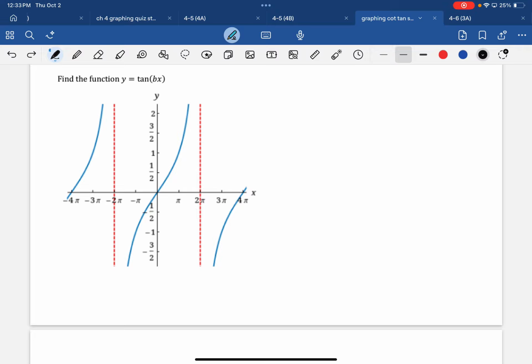The period is 4 pi because that's the distance between each vertical asymptote. It's also the distance between every x-intercept. So the period is 4 pi, which tells us that b is not 2 pi over 4 pi, but pi over 4 pi, which is 1/4. And so tangent of 1/4 x is our answer.